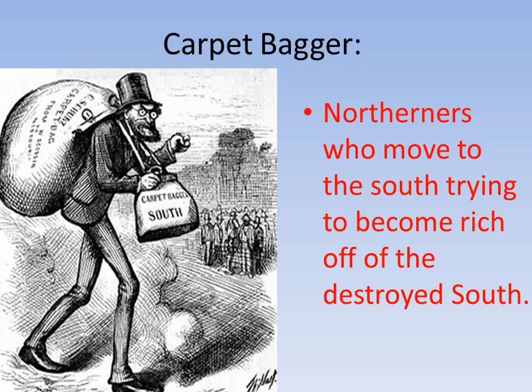Some of these northern businessmen see an opportunity that they can make a little money off the Southerners. All right, you want your house rebuilt? Let me charge you $5,000 instead of $1,000 to rebuild it. And so Northerners come down, and these people are referred to commonly as carpetbaggers, that they're just trying to make money off the misery of Southern people.